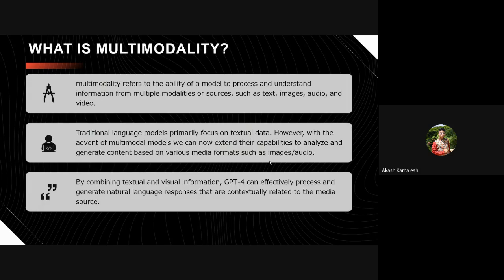Let's go on to what is multimodality. Multimodality refers to the ability of a model to process and understand information from multiple media sources, such as videos, images, audio, etc. There are different models which work with different sources of data. An example would be the Vision Transformer and Kosmos-1, both of which work with images.